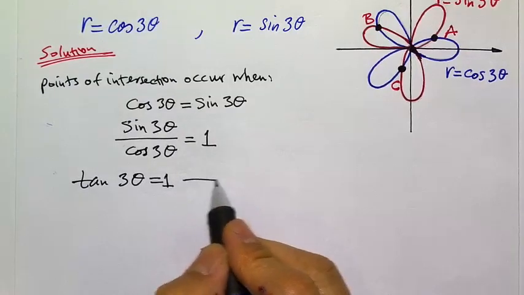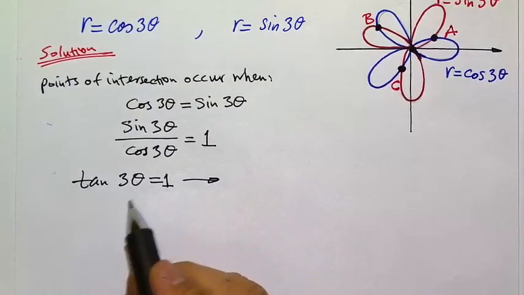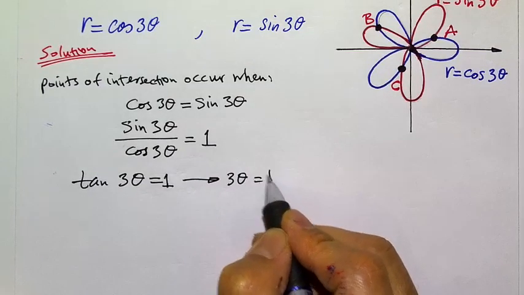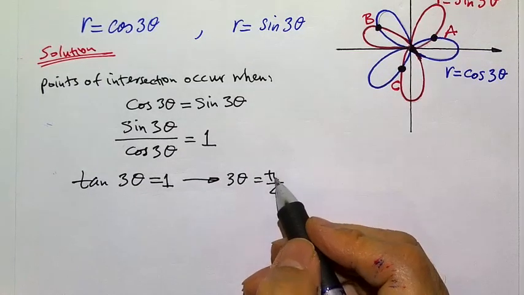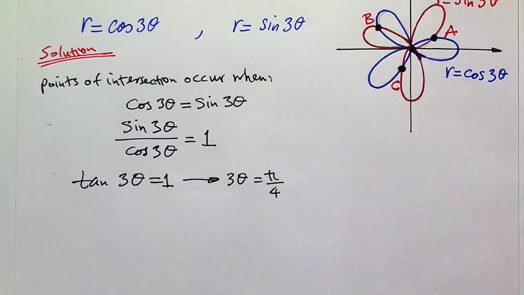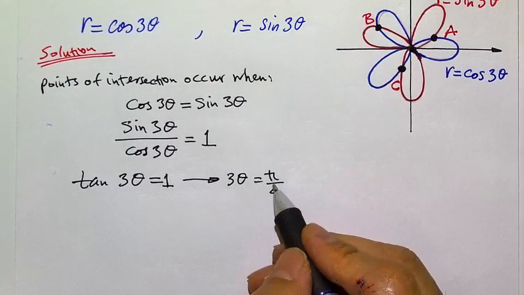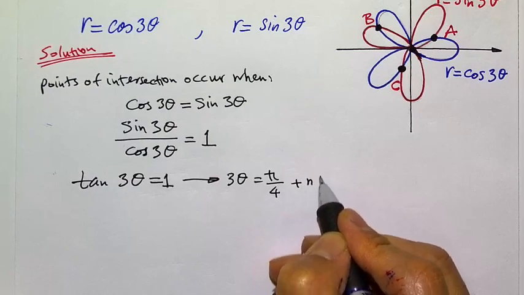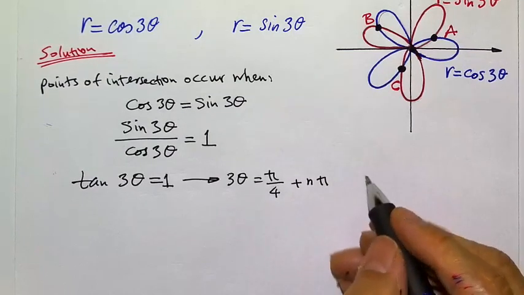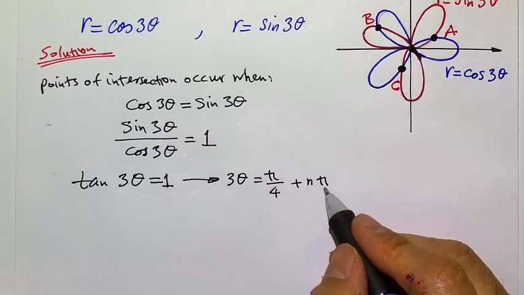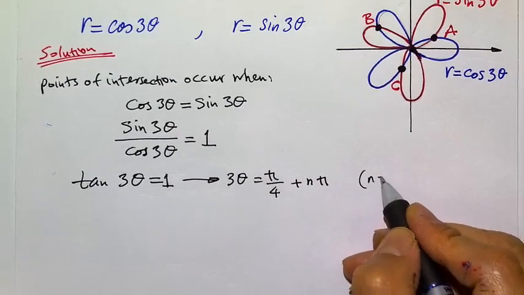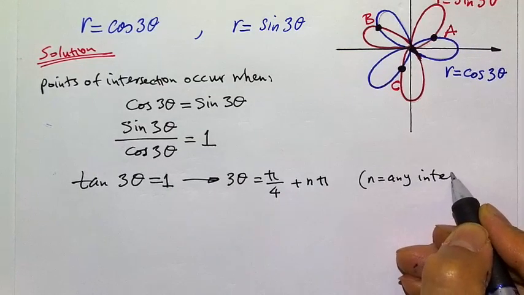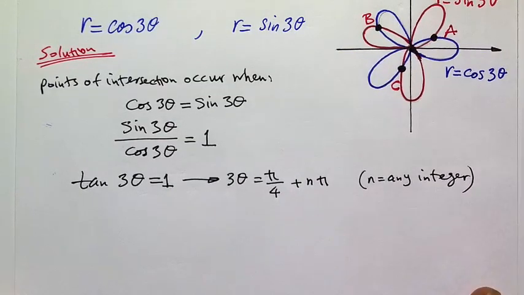So that means the tangent of pi over 4 is equal to 1. So then 3 theta should be equal to pi over 4. And of course, for any other equivalence, so plus n pi, where n equals any integer, right?